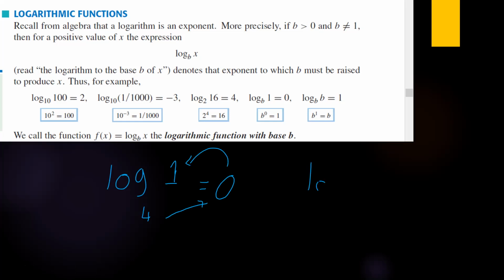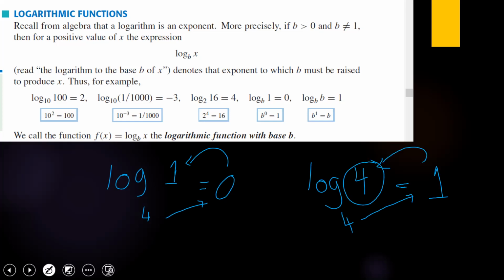Also, logarithm to the base 4 of 4 is 1. Why? Because 4 to the power 1 is 4.